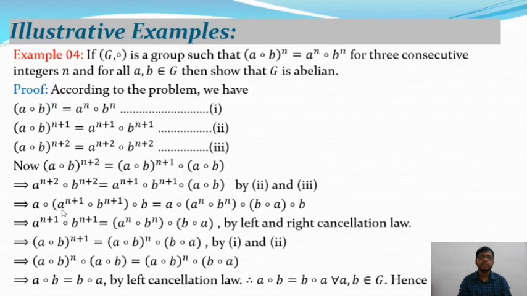So a ∘ a^(n+1) ∘ b^(n+1) ∘ b, applying the associative property again on the right of the above equation, we get a ∘ a^n ∘ b^n ∘ b ∘ a ∘ b. Here a^(n+1) equals a ∘ a^n, as well as b^(n+1) equals b^n ∘ b, and applying the associative property we get a^(n+1) ∘ b^(n+1) equals a^n ∘ b^n ∘ b ∘ a.